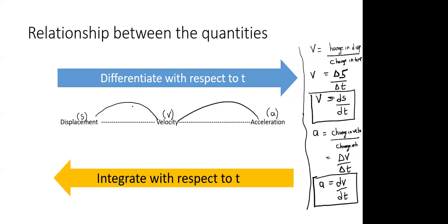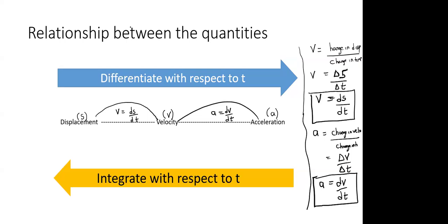Okay, now we continue. Here you are going to allow me to write that velocity will be given by ds dt. Then here I write that acceleration will be given by dv dt.